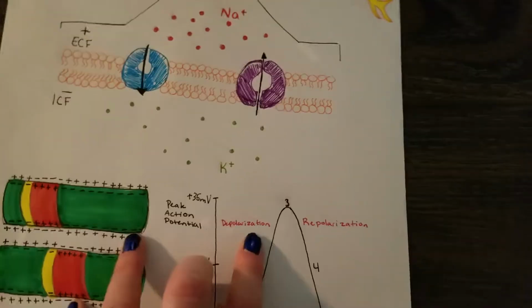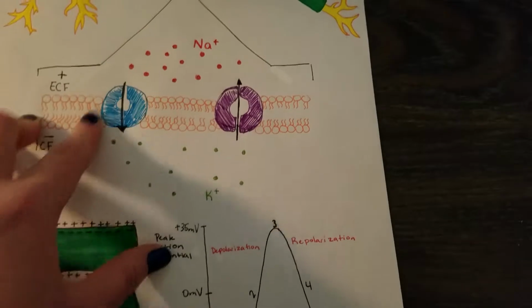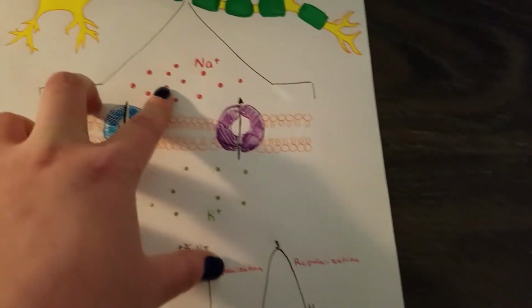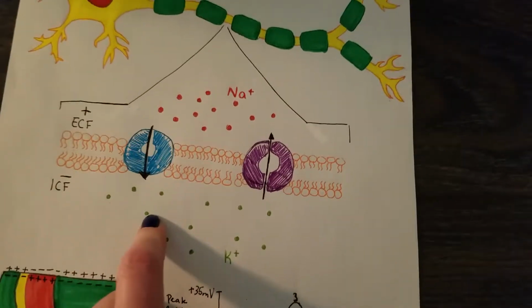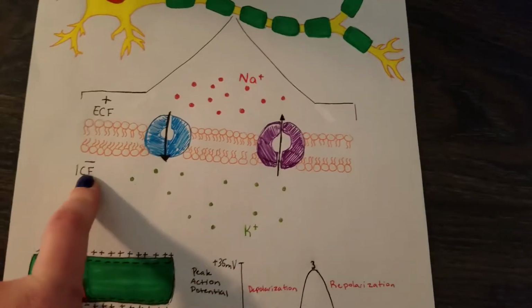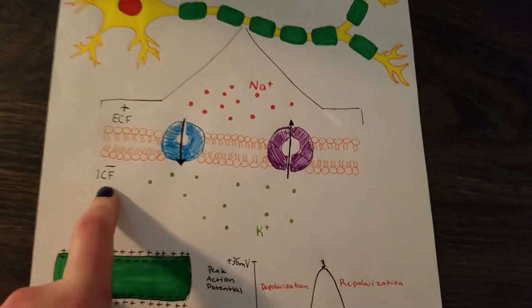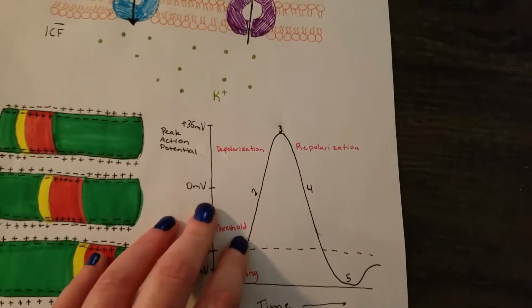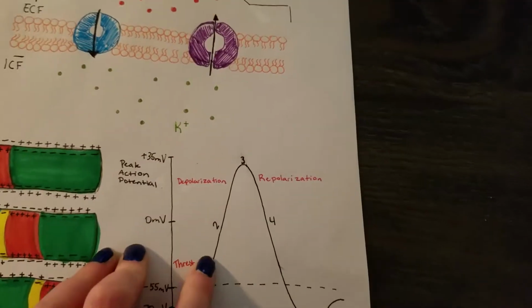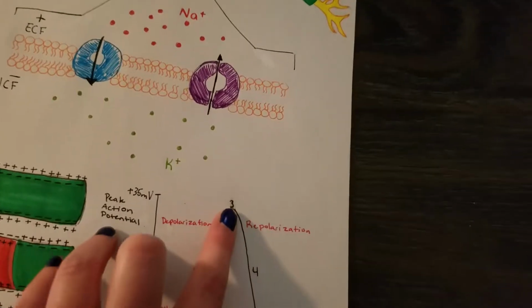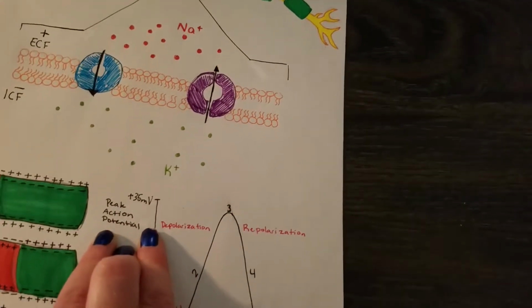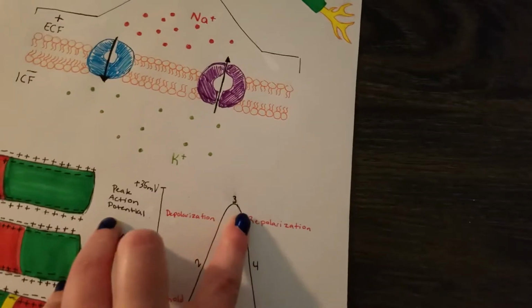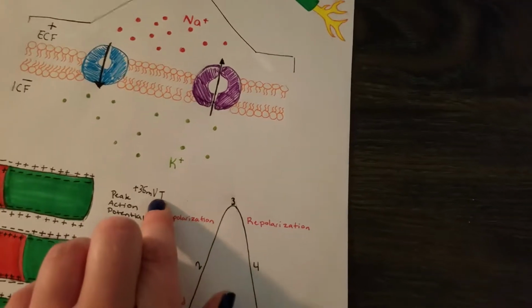Now, depolarization is when the sodium gates open, allowing sodium ions to flood into the ICF, making it become positive, and that causes its millivoltage to rise up to its peak action potential, which is 35 millivolts.